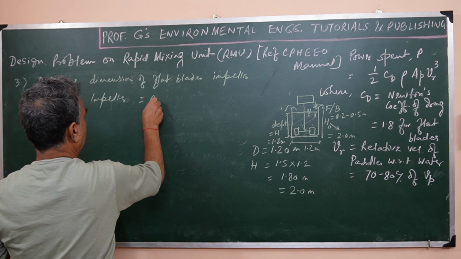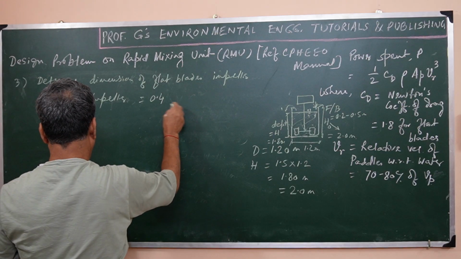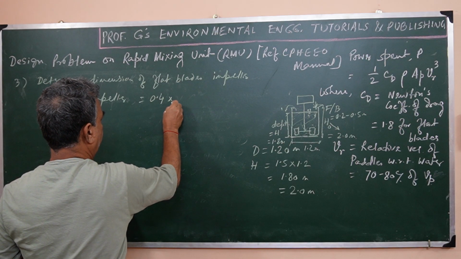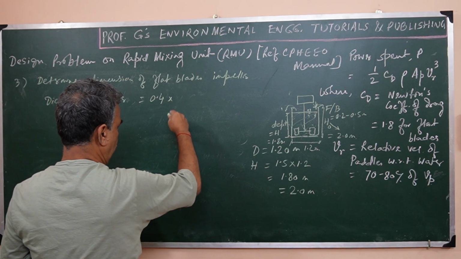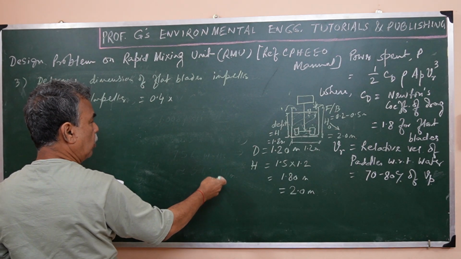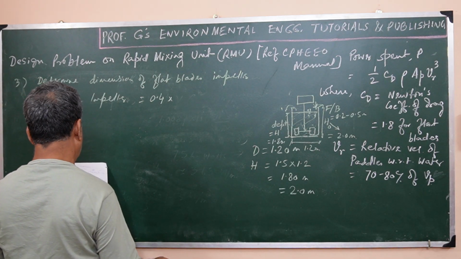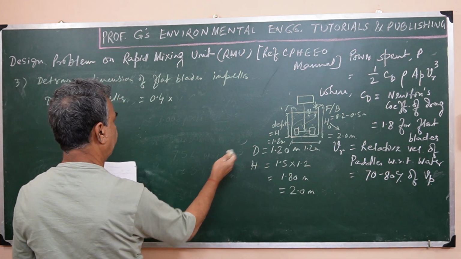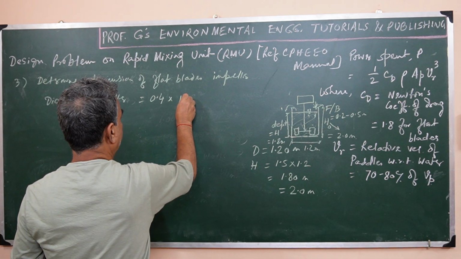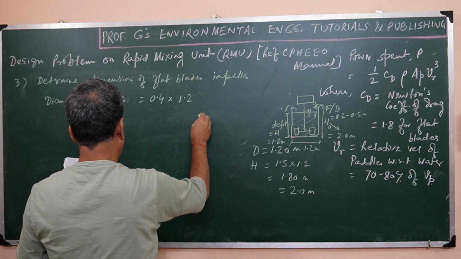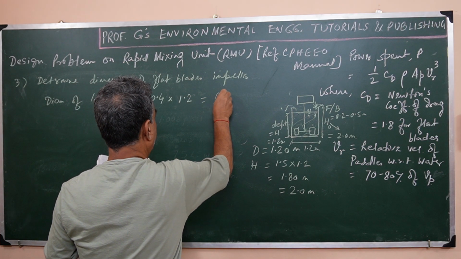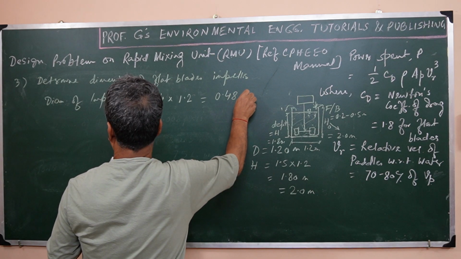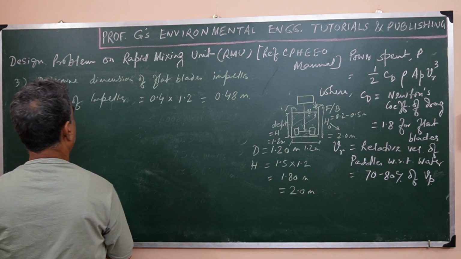So this would be 0.4 times the diameter of the tank. So 0.4 times is already given or mentioned in the problem statement also. You may refer back to get this value, the given values. So this would be 0.48 meter diameter of impeller.